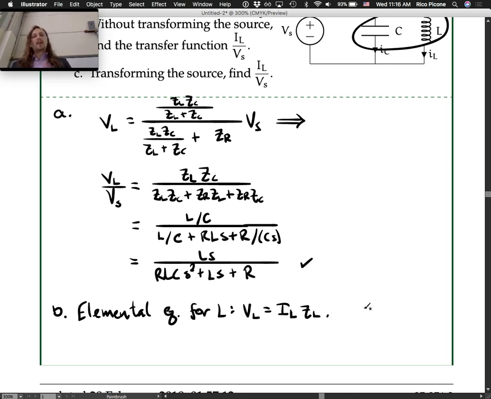And we're interested to know what IL over VS is, so we could just plug this into the previous expression and divide both sides by ZL, and we're in business. So let's do that.